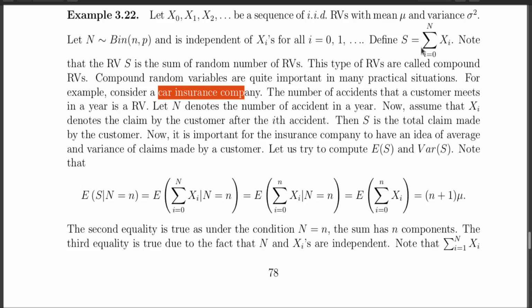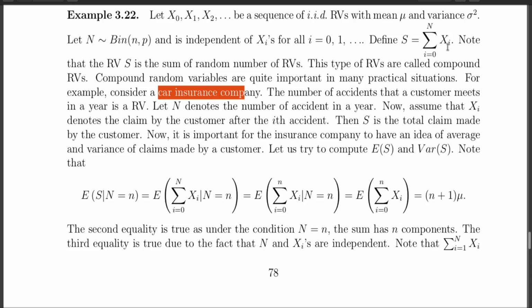The number of accidents is also a random quantity: one customer may have no accident, may have one accident, may have two accidents, and so on. So N is a random variable. Similarly, the claim after each accident is also a random variable, because after each accident the customer may have different claims.